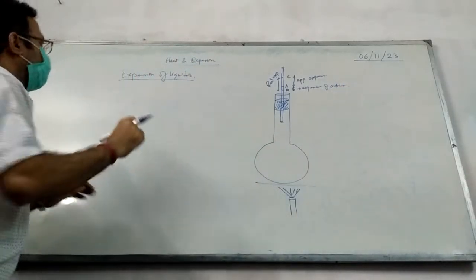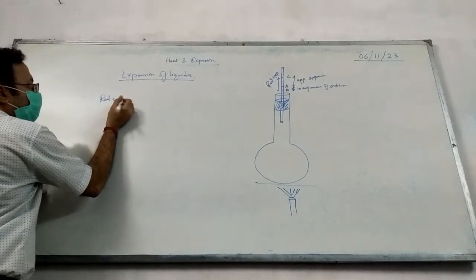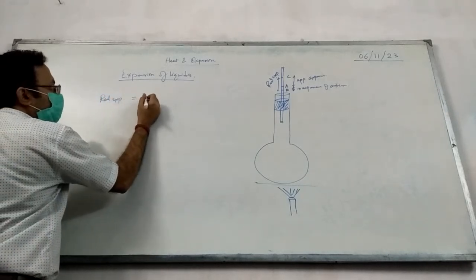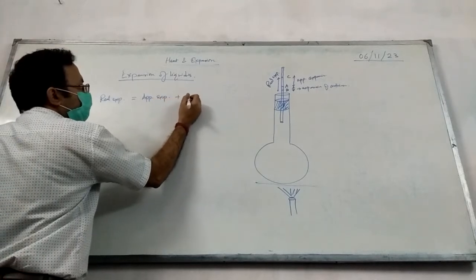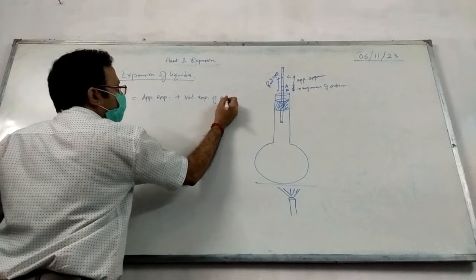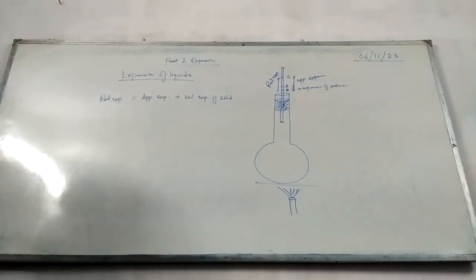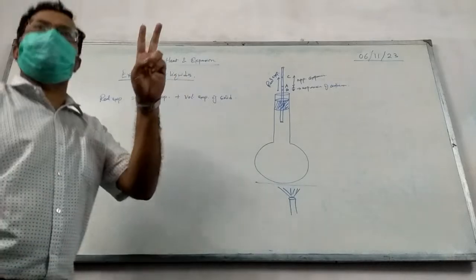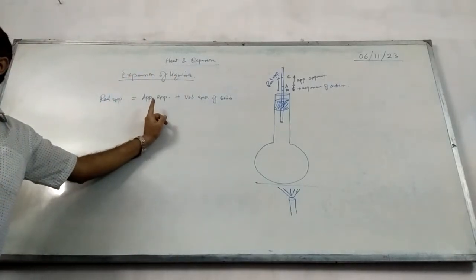So what we can say is real expansion is equal to apparent expansion plus volume expansion of solid. So in liquids, we have two different types of expansion: the real expansion and the apparent expansion.